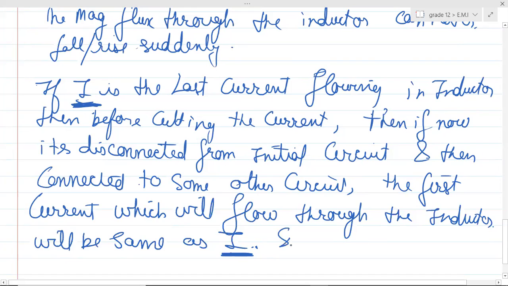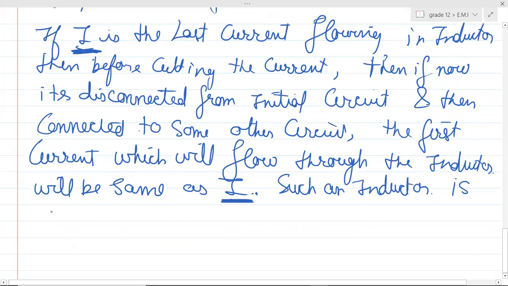This type of inductor in which already there is some current stored or some energy stored is basically called an active inductor. I'll write this thing completely. Now everyone understood what exactly this is? Guys, did you understand what exactly this active inductor is? It's just like a charged capacitor.